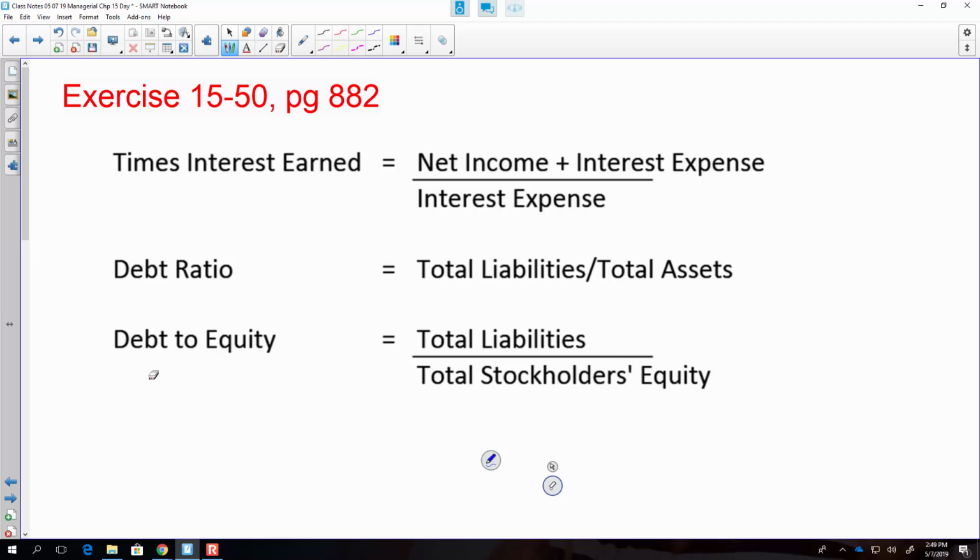So let's do our times interest earned computation first. I already have the formulas there. We want income before taxes. We're taking 3.5 million of net income before taxes plus our interest expense, which is 1 million.